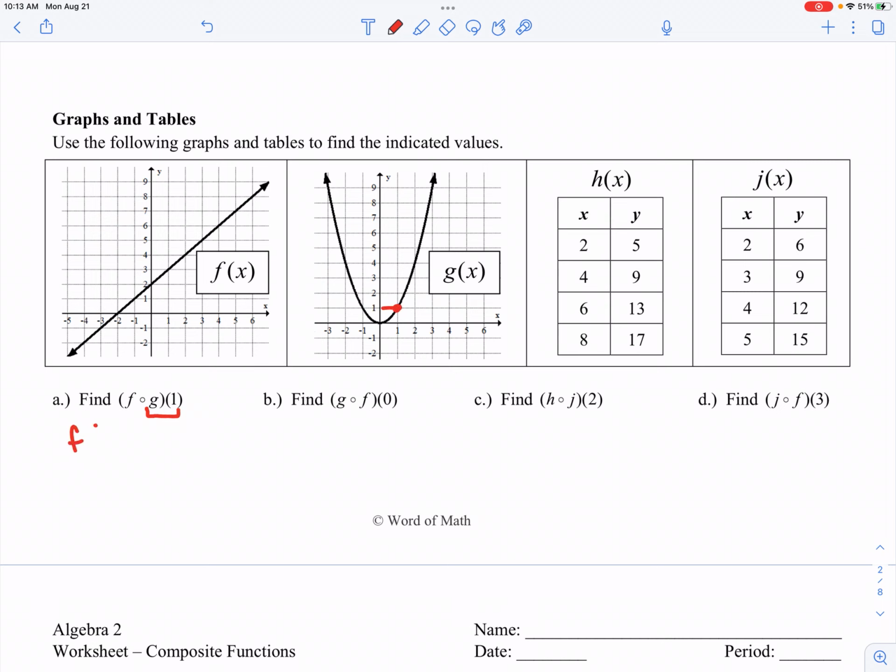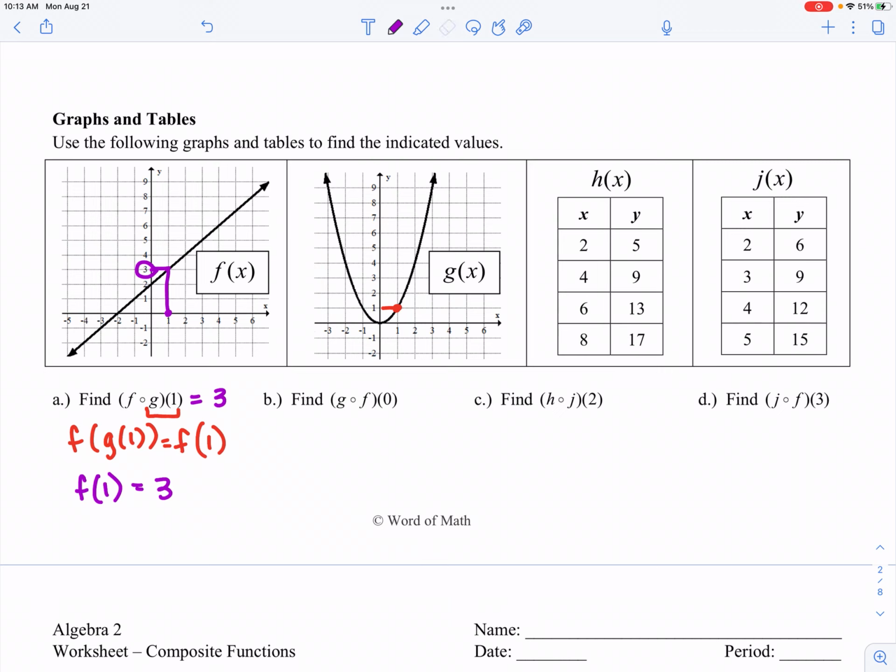So f of g of 1, well, g of 1 ends up being 1. Now I'm looking for f of 1. So I'm going to go to my f graph at x equals 1 and go to my line, and my y value is 3. So f of 1 is equal to 3. So f of g of 1 is equal to 3.